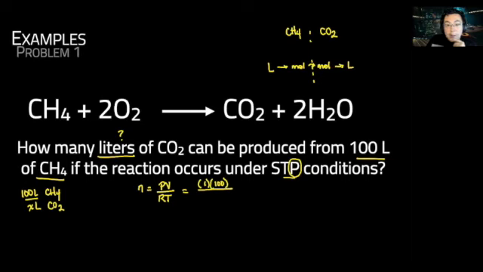The R, the constant, because it's STP, we can use 0.0821, and the temperature is the standard 273.15, right? After you do the math, you will get around 4.46, rounded to 2 decimals.